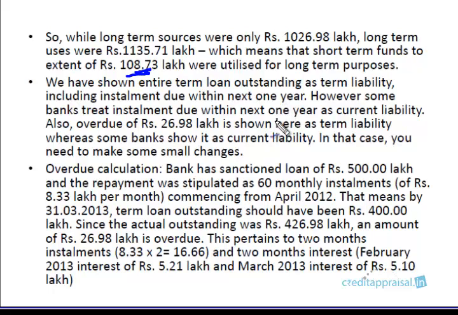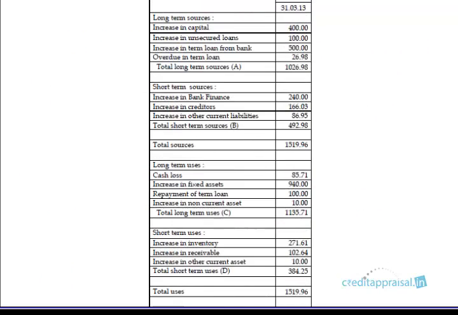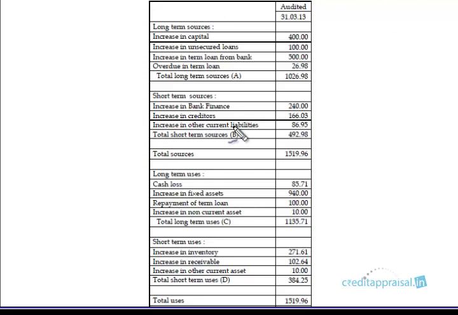Okay. So there are a couple of points that we didn't mention here. That 26.98 that we showed in the long-term sources, it is an overdue. The calculation I've shown here, why that is the overdue, you can go through this. Why that is a long-term source is actually not a long-term source. If you look at the long-term uses, there's a repayment of term loan of 100 lakhs.